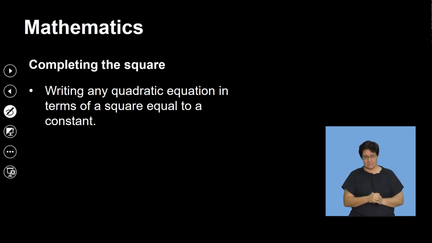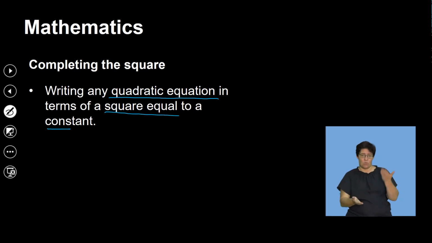Now, when we talk about completing the square, to summarize, it is to write a quadratic equation in terms of a square equal to a constant. What do I mean? What I just spoke about: in the form x squared equals c.